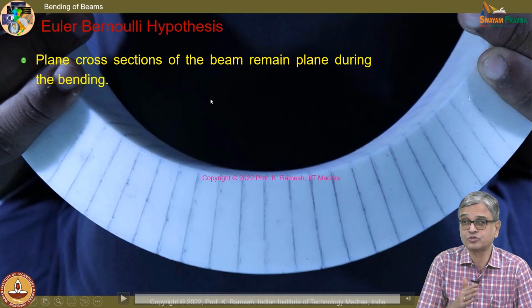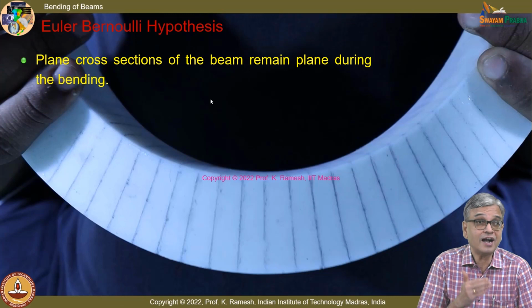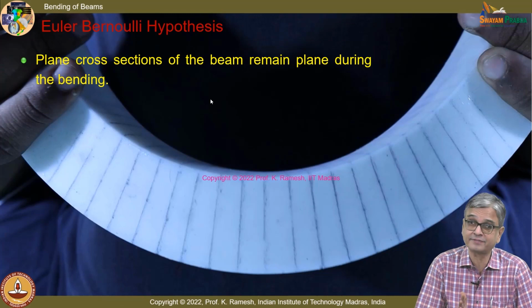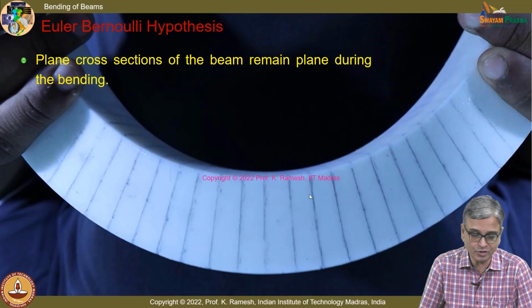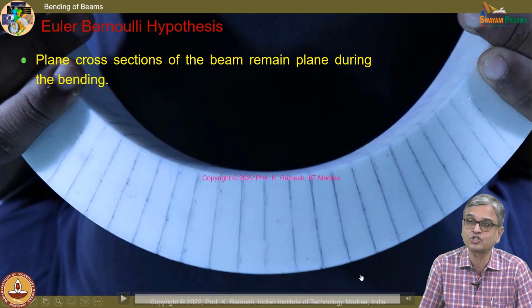In contrast to torsion, we started with the right hypothesis in bending. In torsion, we started with the wrong hypothesis, and by experimentation, we proved that hypothesis is wrong. Here, we start with the right hypothesis, and the experiment supports the plane section: these lines remain straight, they do not get distorted.